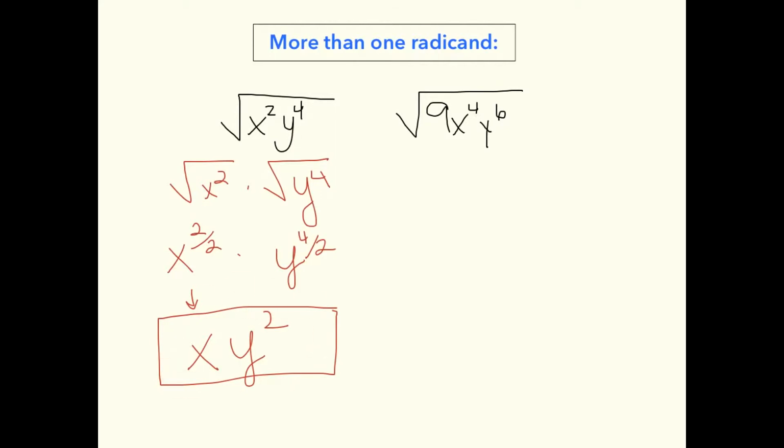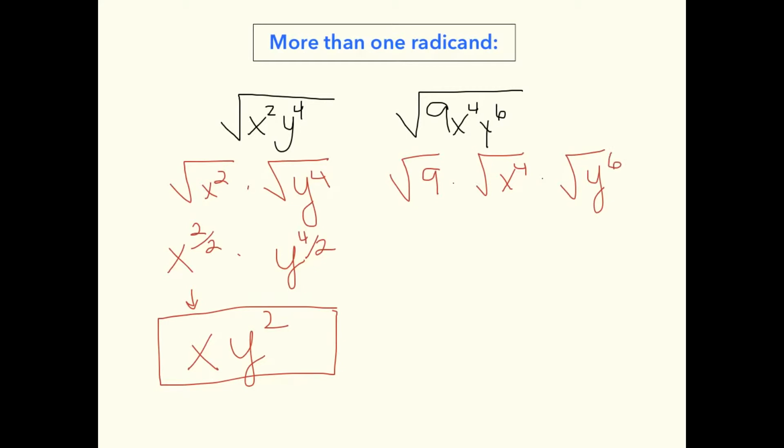Same thing over here. Let's split up all three of these. We've got a number, so let's split that. Square root of 9, square root of x to the 4th, square root of y to the 6th. There should be a 6. See if I can fix that here. There we go. And then we do them all separately.